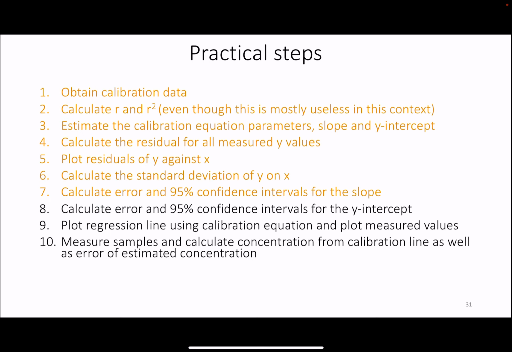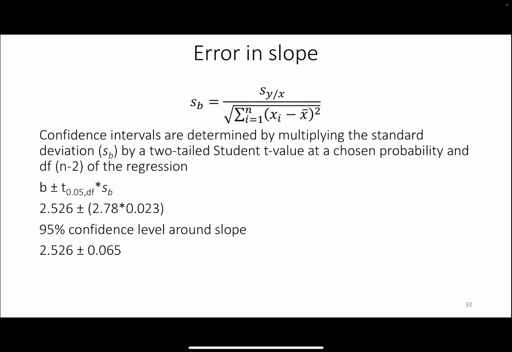Okay, the next step is the slope value you calculated has some error associated with it. It's not just one number. And so you calculate the error in the slope, and the easiest way to present this is with a confidence interval. So B is the slope, S indicates it's the standard deviation of the slope.